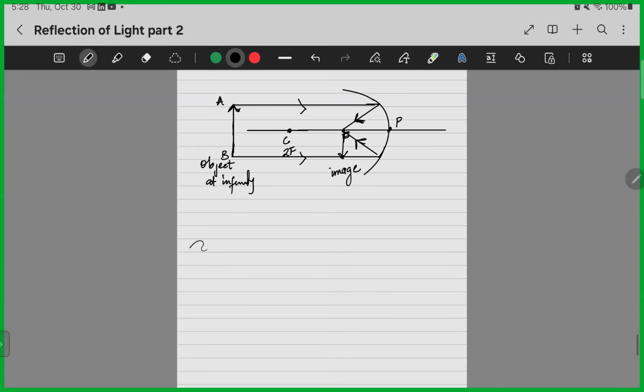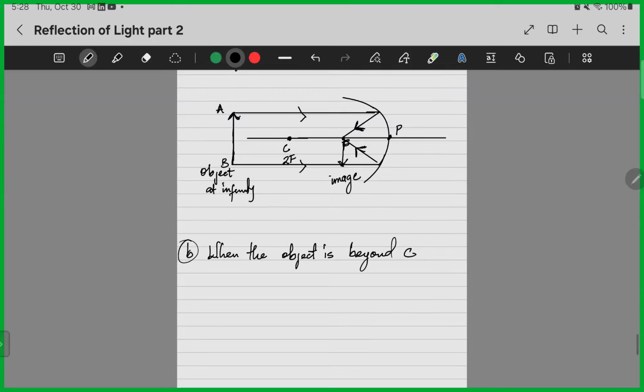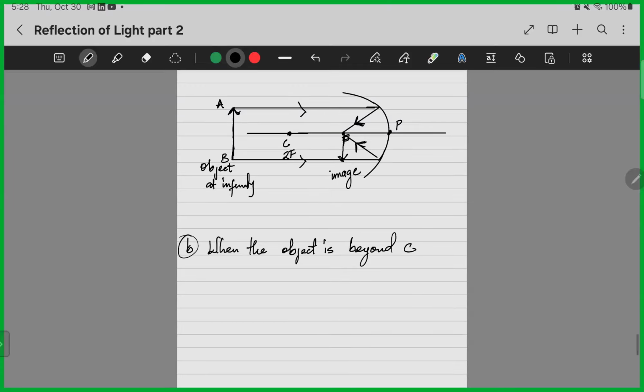And that is the case of when the object is beyond C. So we'll repeat, and let's quickly say what happens.